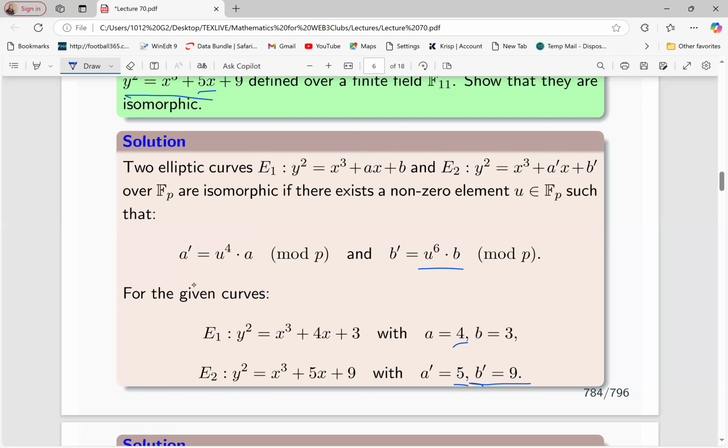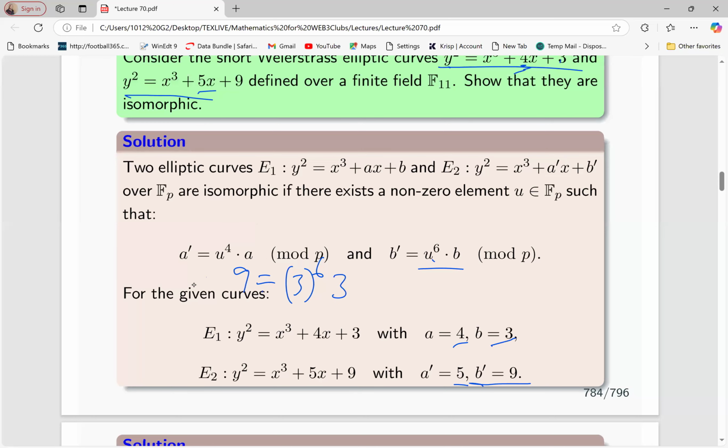B prime is 9, and u raised to 6 multiplied by b. So you want to see whether the right-hand side will give you the left-hand side. The right-hand side is 3 times 3 times 3 times 3, these are 6 times: 1, 2, 3, 4, 5, 6 times. We are doing it mod 11.